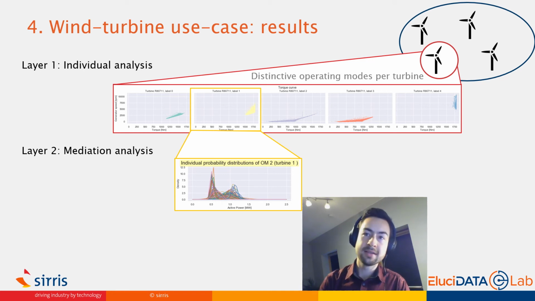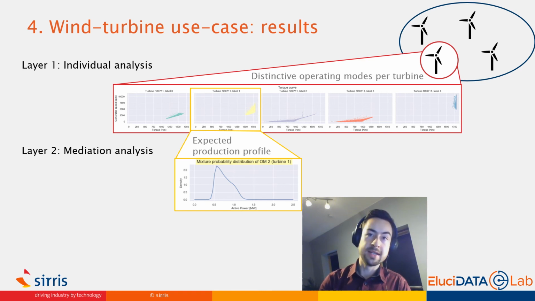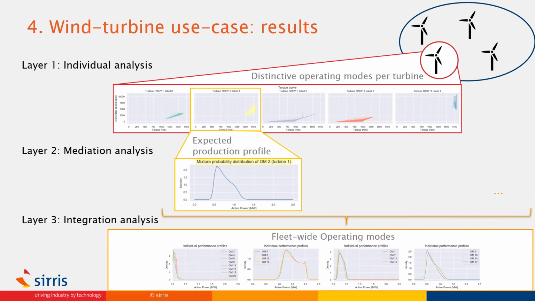And then we obtained one weighted mixture probability distribution per source-specific operating mode, which we then can exploit in the third layer to extract the fleet-wide operating mode. So we clustered all these expected production profiles together into operating modes, which resulted into 4 operating modes. And as you can see, each wind turbine has multiple similar operating modes.